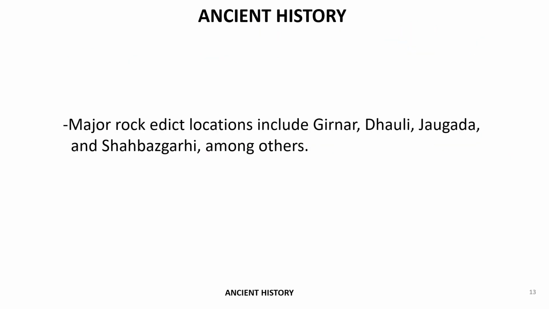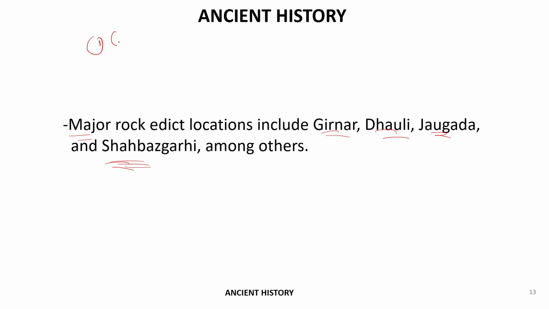Now let's move forward. Major rock edict locations are Girnar, Dholi, Jaugada, Shahbazgarhi. Okay, so write down their names.